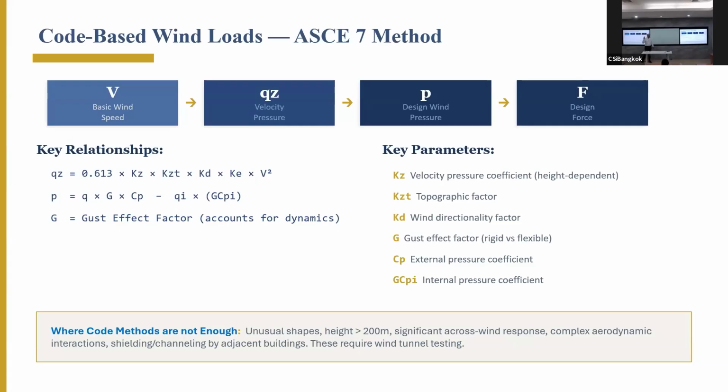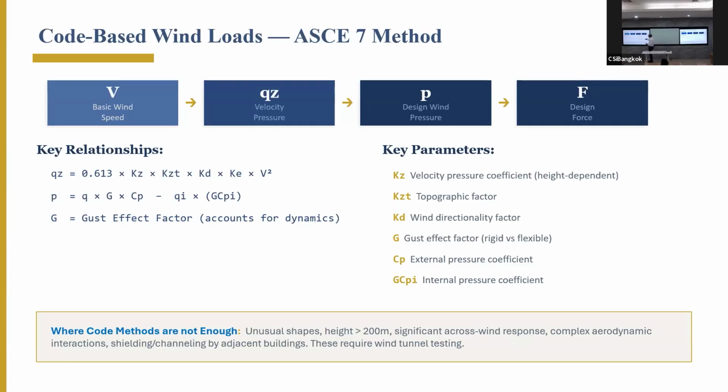I'm not going into too much detail of this one, because when we talk about how to implement in ETABS, you can see these formulas. But basically, we have a velocity pressure coefficient, height dependent, topographic factor, depending upon where the building is, because the terrain will affect the wind flow. If the terrain is hilly or plain or other buildings are there, then the effects are different.